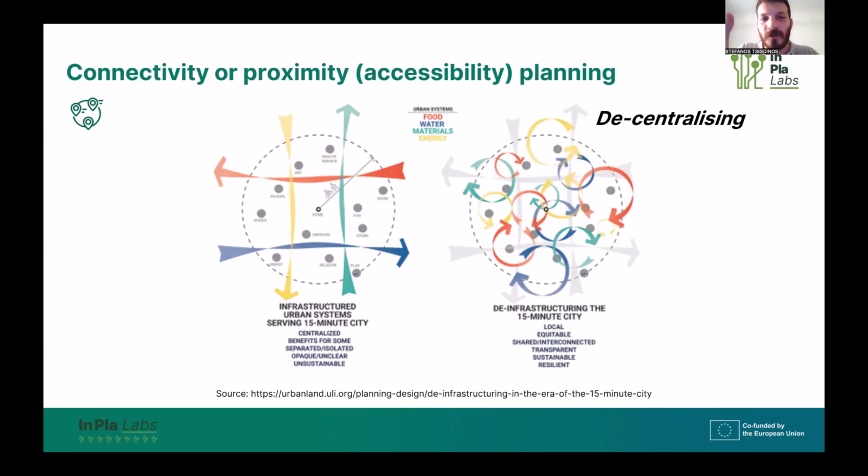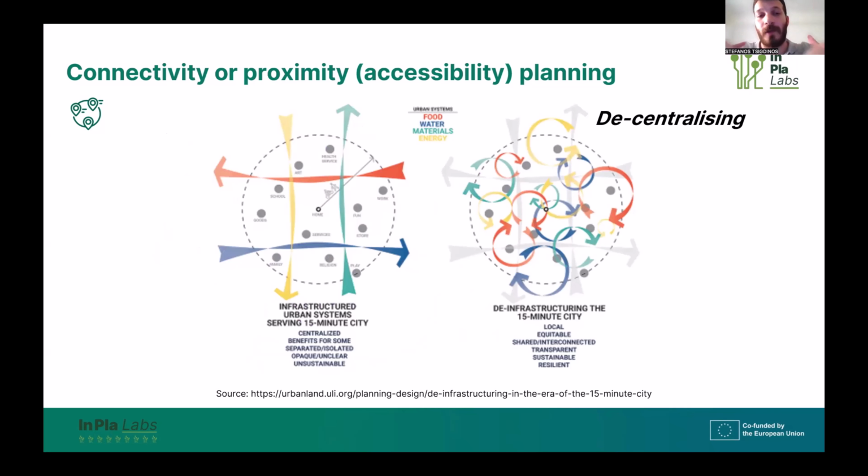We have connectivity on the right, so it's more centralized, and we do not care about somehow diving into the local scale.